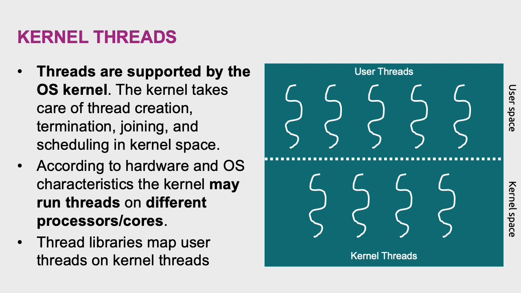Let's make some considerations about user threads and kernel threads. Well, user threads provide support at the user level without any intervention from the kernel. As a result, thread libraries implemented in user space tend to be more efficient. However, if a thread is blocked, all the threads executing within the same process are also stopped.